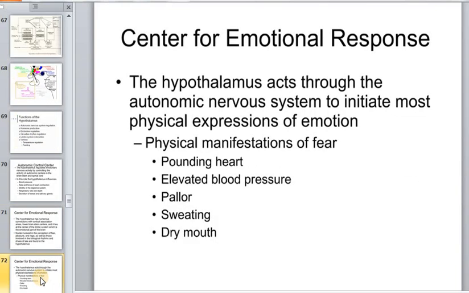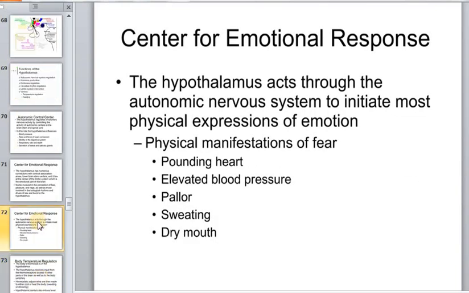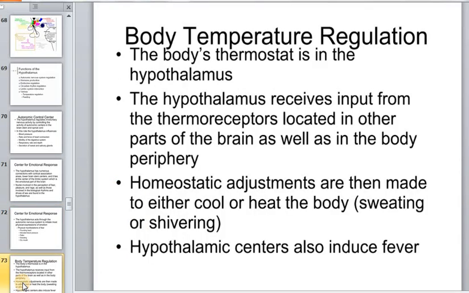And center of emotional response: the hypothalamus acts through the autonomic nervous system to initiate most physical expressions of emotion and the physical manifestation of fear. So we have the pallor, sweating, dry mouth, and body temperature regulation. The body's thermostat is the hypothalamus.